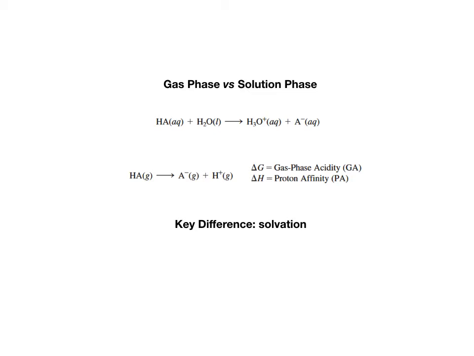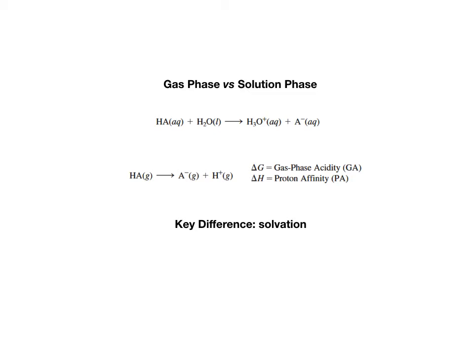Now, there's a big difference between the two processes, in that in a solvent there's a lot of solvation effect going on. The charge separation during the ionization process is very energy intensive. In a solvent, that energy penalty is compensated partially by the solvation of the solvent molecules. In gas phase, there's no such solvation.